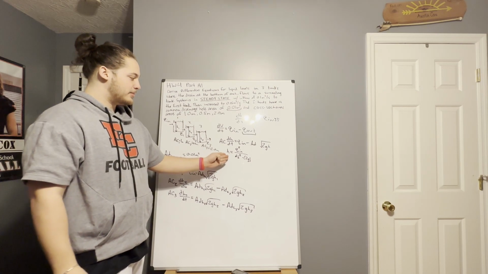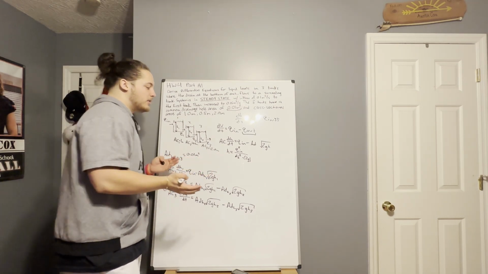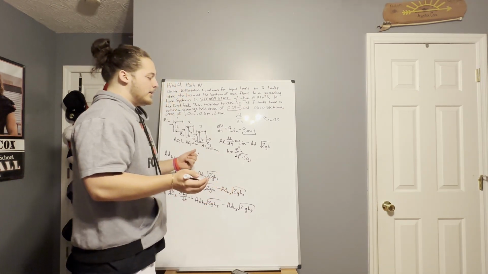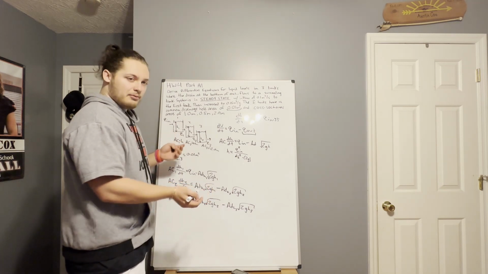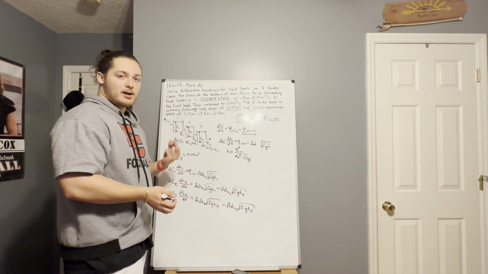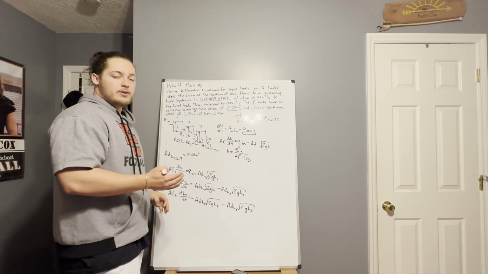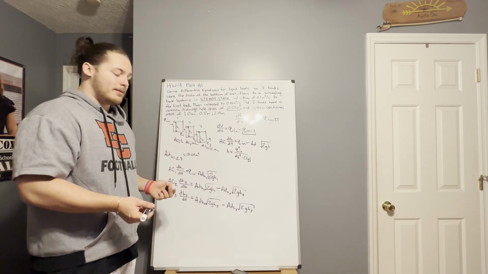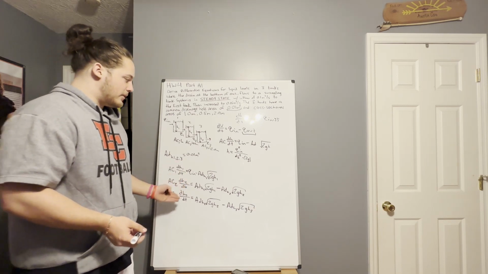So this is our expression for H. So now we can go ahead and throw in our actual values for each of our individual tanks to come up with 3 expressions to use as our initial value problems in our differential equations.